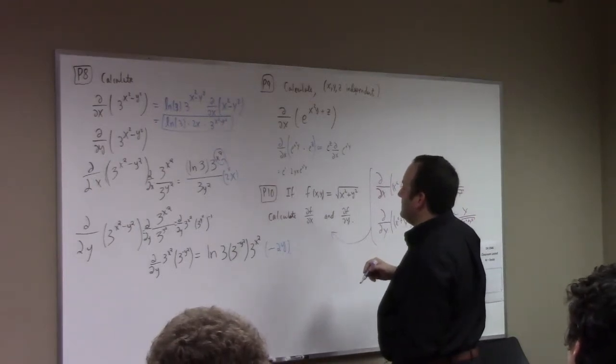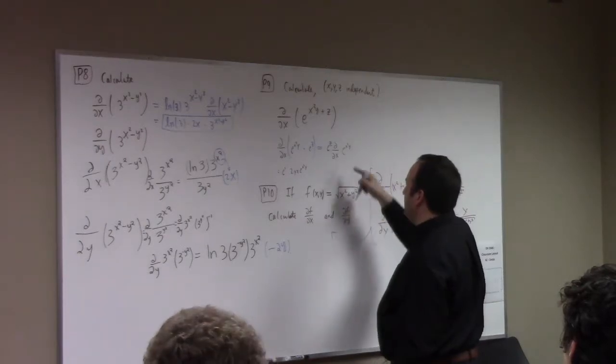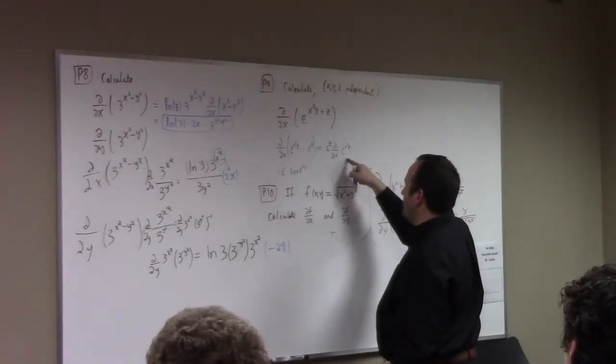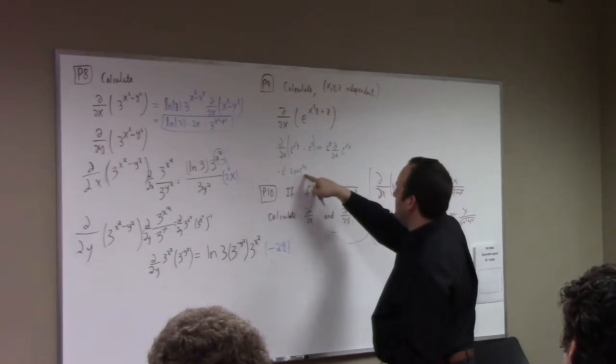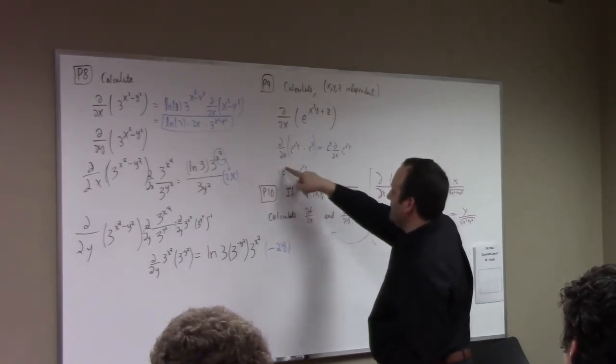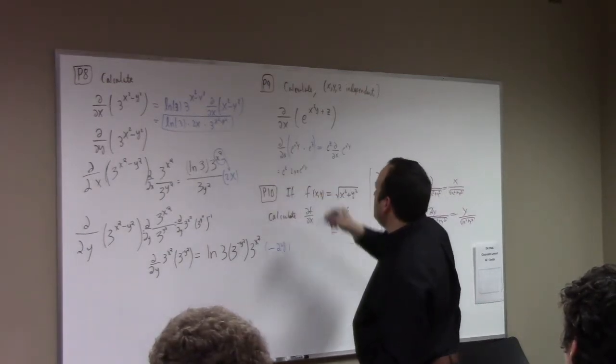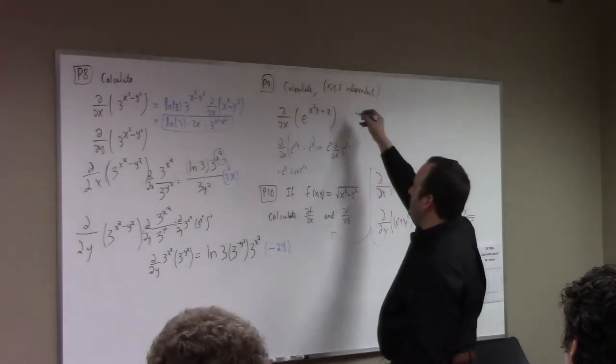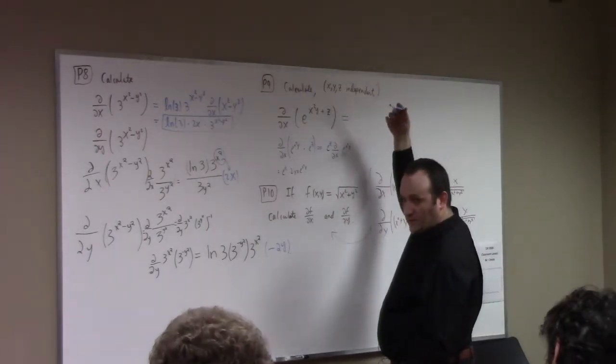Let's see here. And then you've got partial x of this, which you've got as 2xy e to the x squared y times e to the z. I think that's right. Of course, here's another way to approach this.